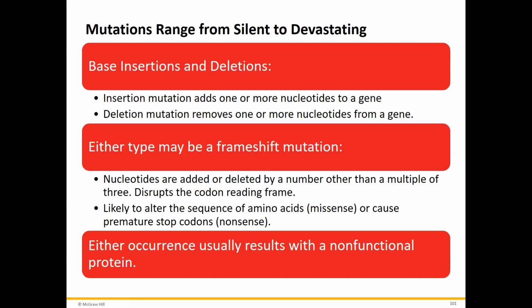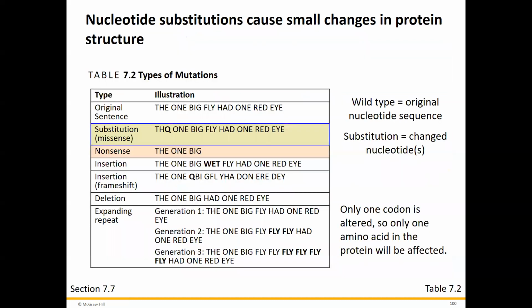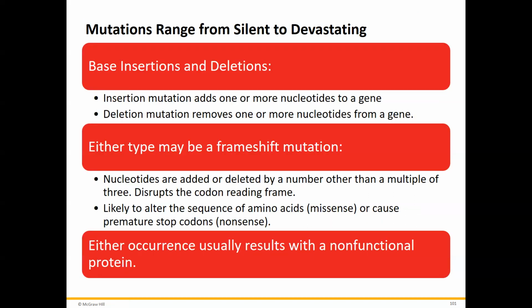So if you go back and look at the original sentence, the one big fly had one red eye, every 3 letters forms a word. So a codon. And what the line is saying here is a frame shift.